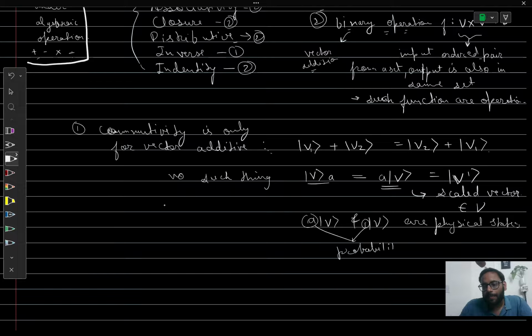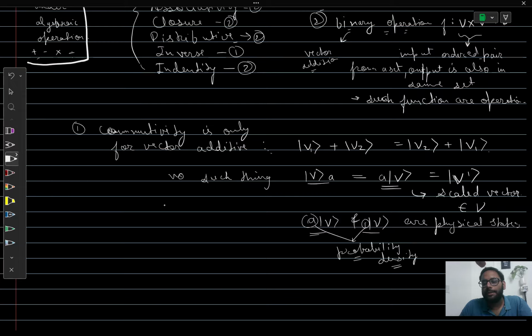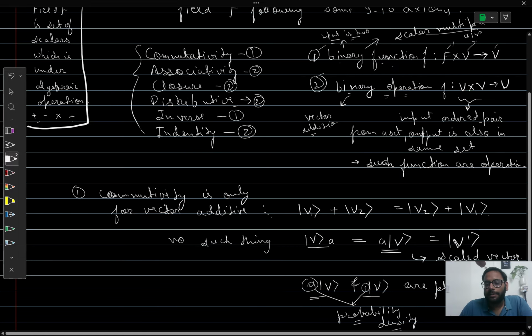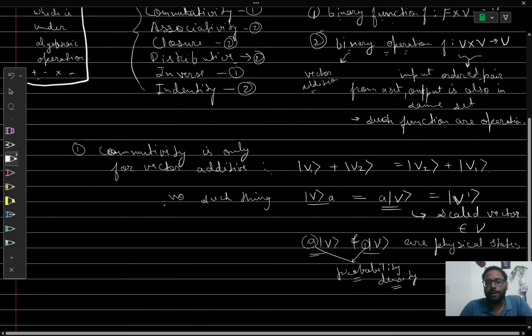It tells you about the probability density of the particle, but the particle is in the same state. These states are equivalent, and here also we take scaled vectors as equivalent. There is no such property for scalar multiplication.